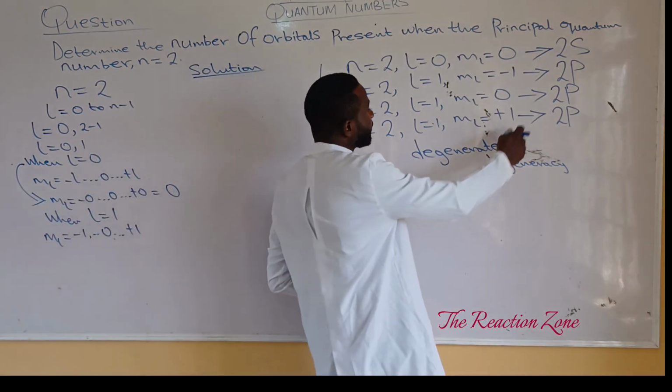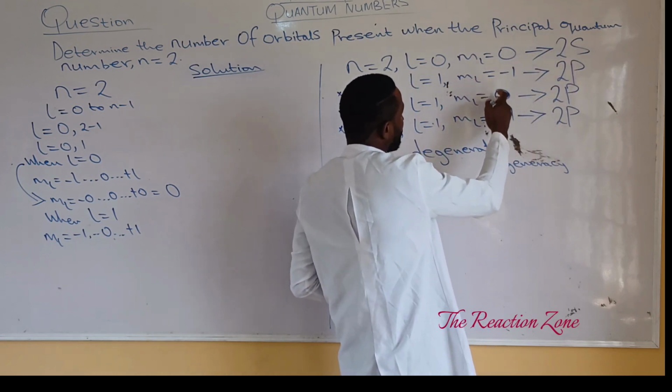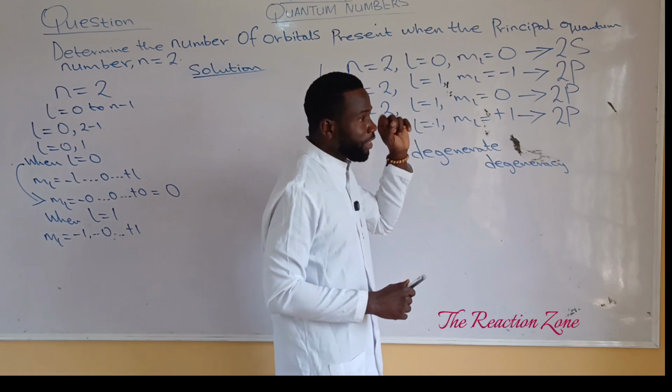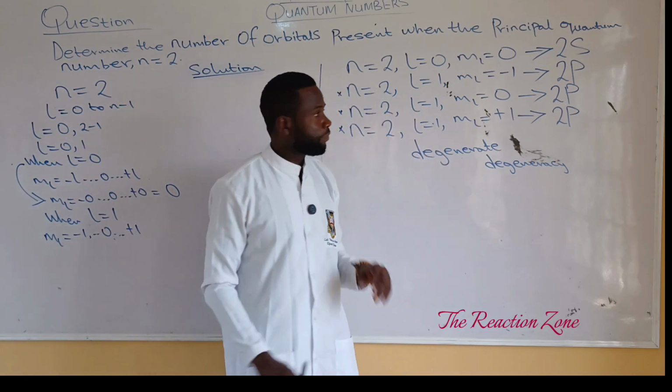The fact that these three p orbitals here have different values of magnetic quantum numbers tells you that their orientations in space are different from each other.